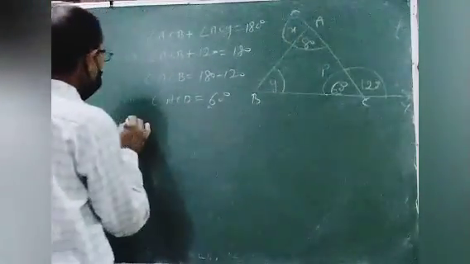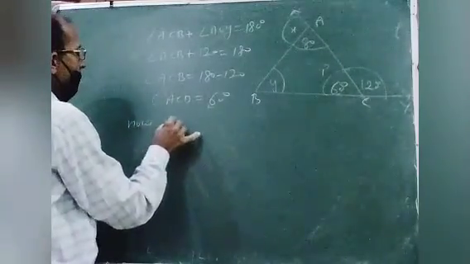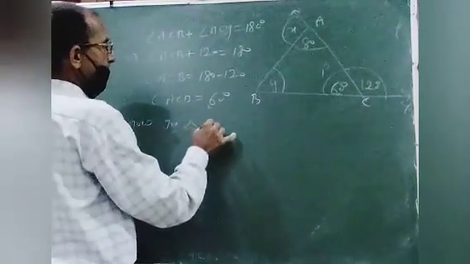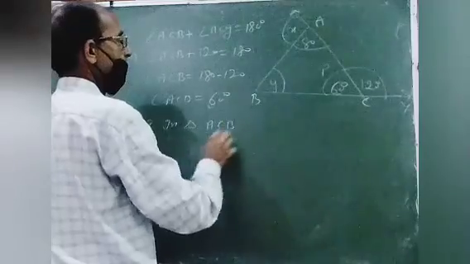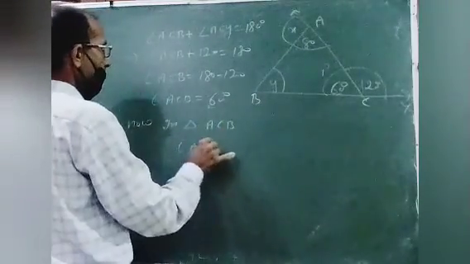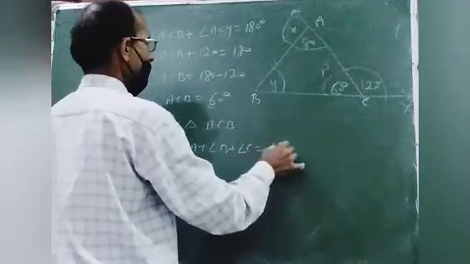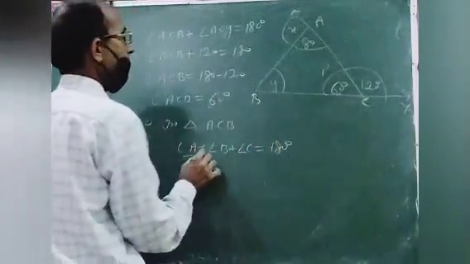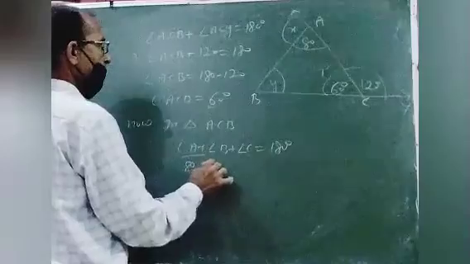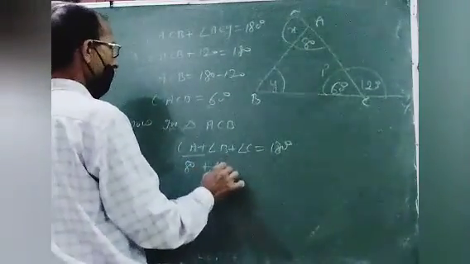Now in triangle ACB, angle A plus angle B plus angle C is equal to 180 degrees. Angle A is given as 80 degrees. Angle B is not given, that is y.